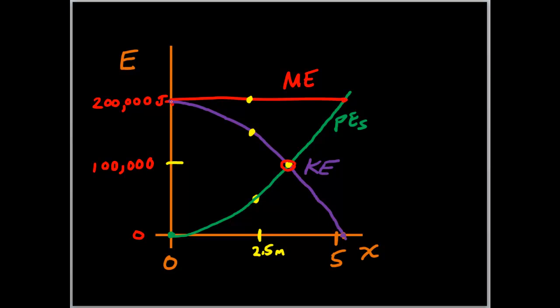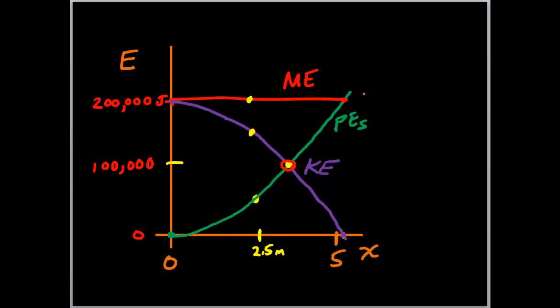So as the car is slowed by the spring, the potential energy in the spring increases. And this is the kind of thing that happens in all of these energy transfer problems, where one type of energy is increasing, but if conservation of energy is true, another type of energy must be decreasing, conserving energy overall.